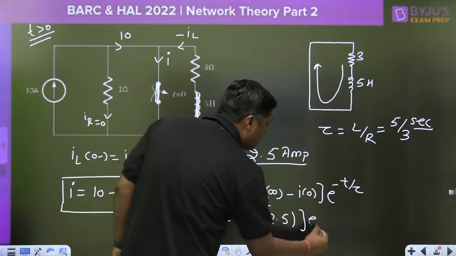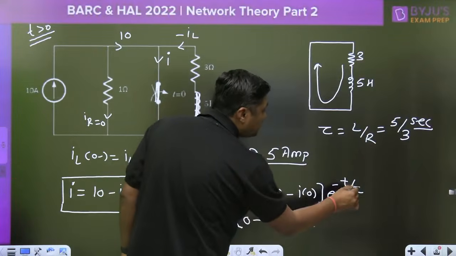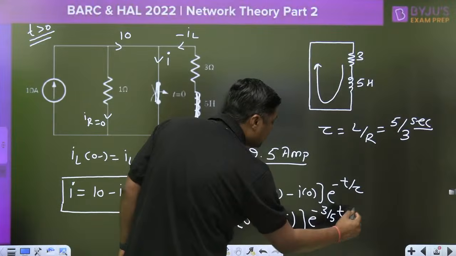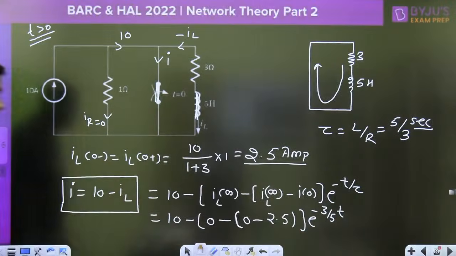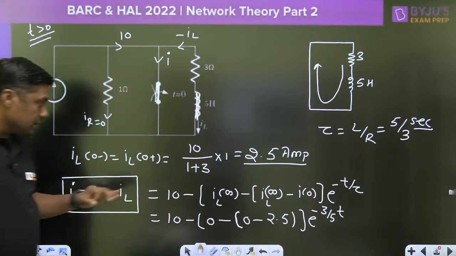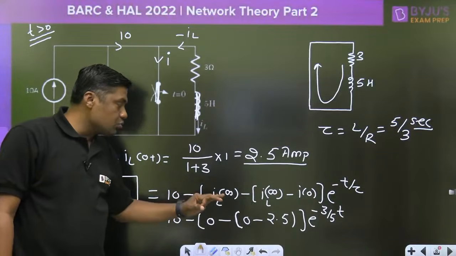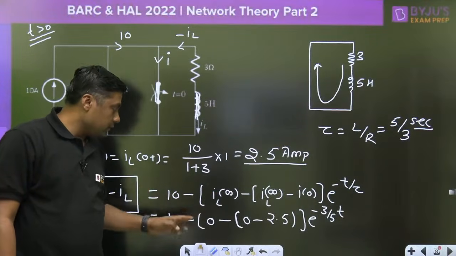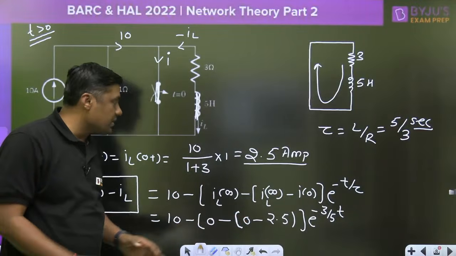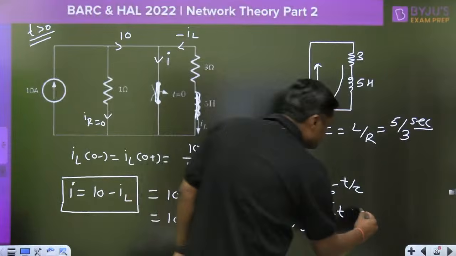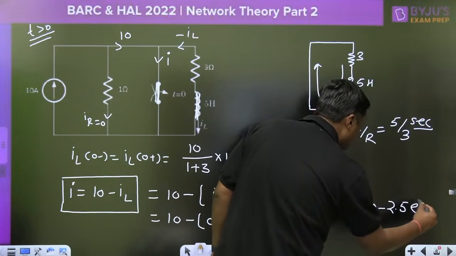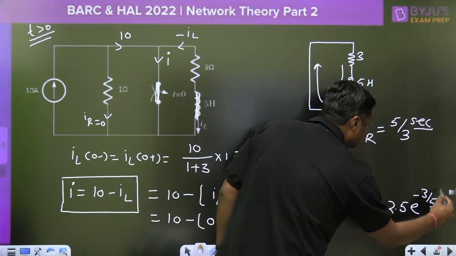E raised to power minus t, with tau as 5 by 3, it becomes 3 by 5 t. Now you can calculate the value. The answer is 10 minus 2.5 e raised to power minus 3 by 5 t.